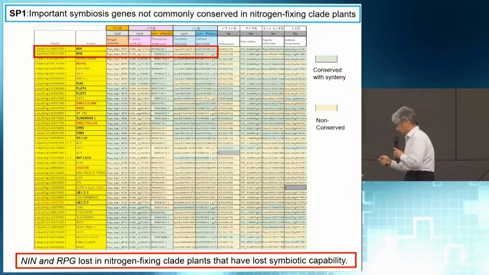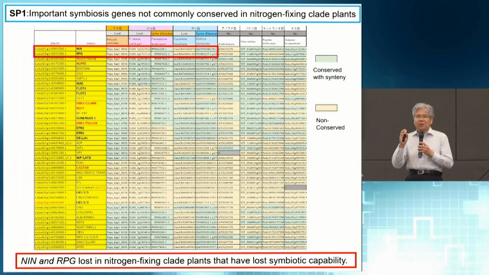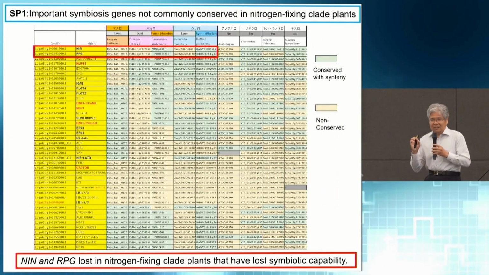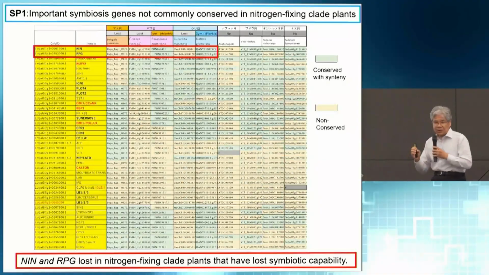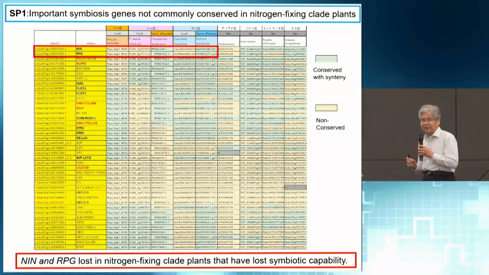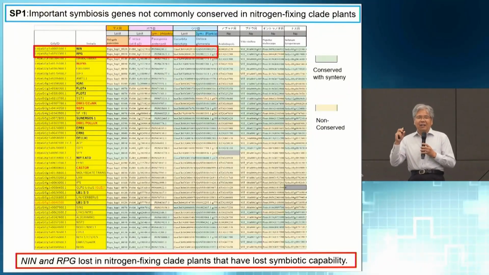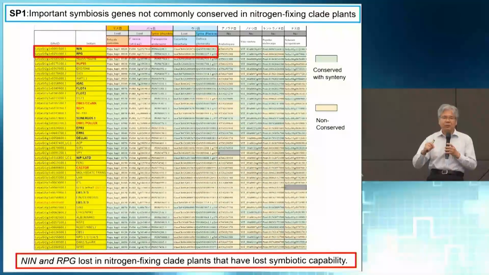So in the first group, we carry out the detailed comparative genome analysis between the plants with root nodule symbiosis in the nitrogen fixation clade and the plants which lost the symbiotic ability, and found 2 key genes, NIN and RPG, are commonly lost among the plants which lost the symbiotic ability.